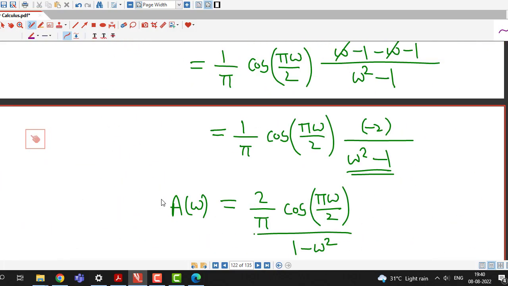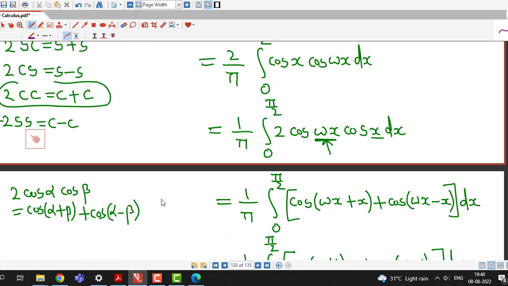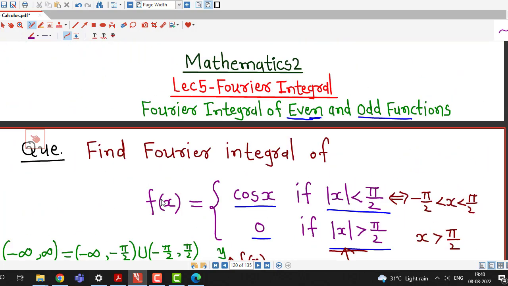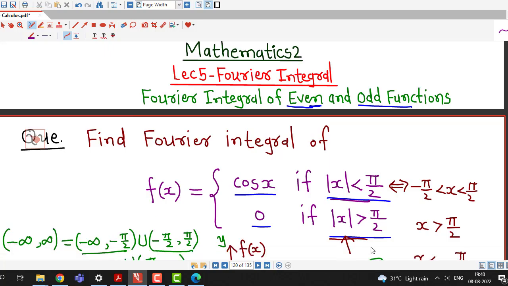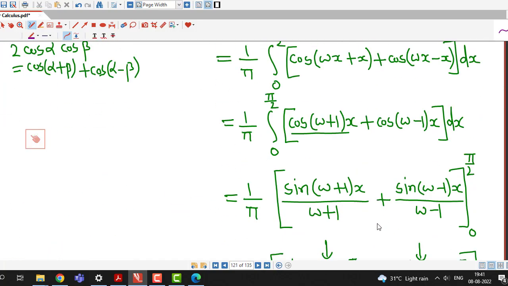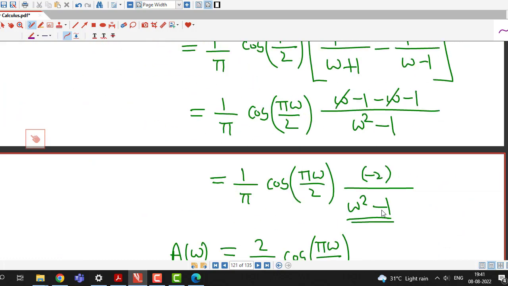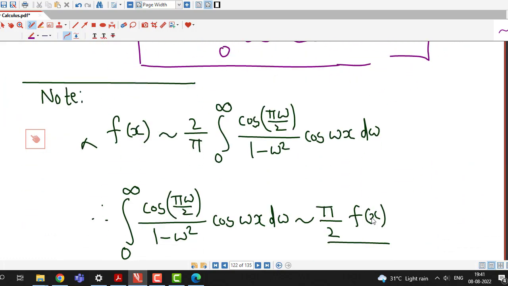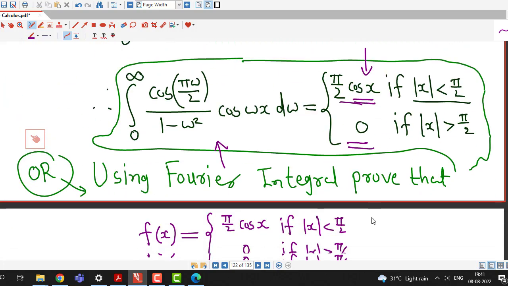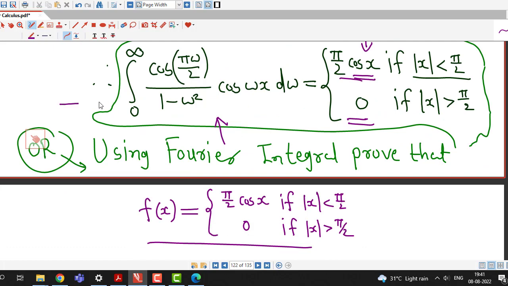And our question was f(x) equal to cos x if |x| is less than π/2, and 0 if |x| is greater than π/2. If we wish, we can ignore π/2 here, and if we take π/2, then also there is no problem. We will be able to prove this question.